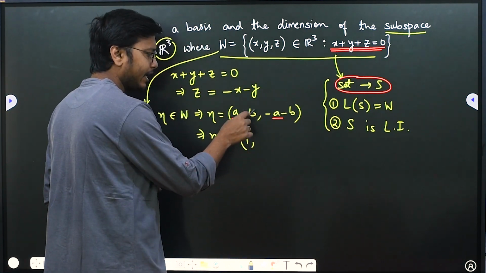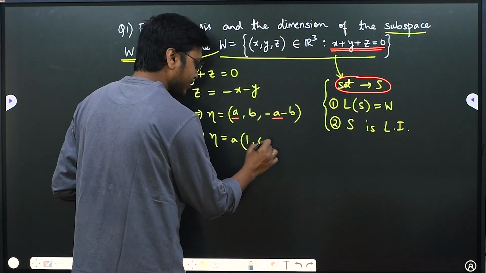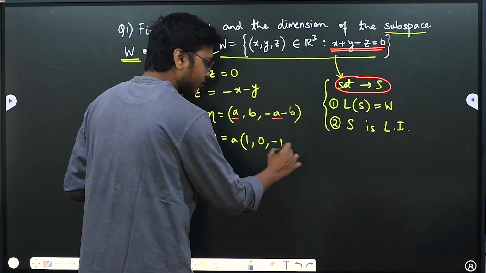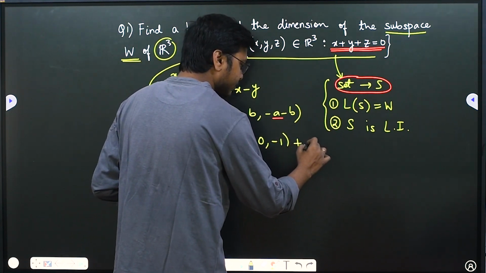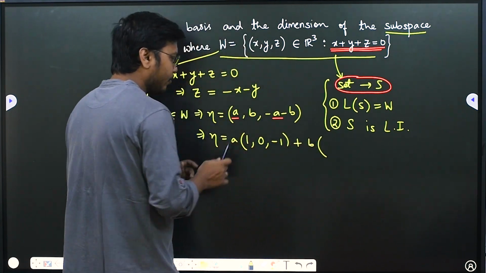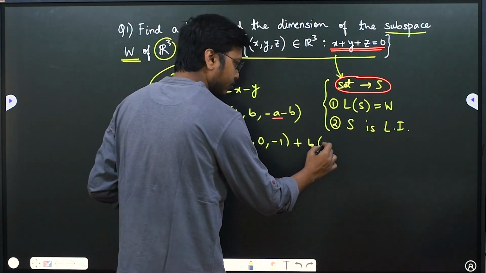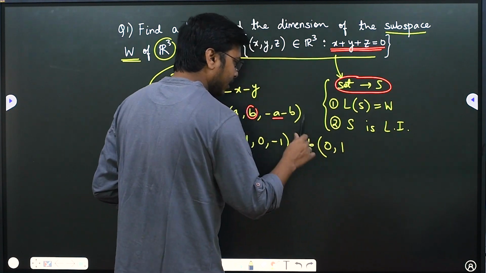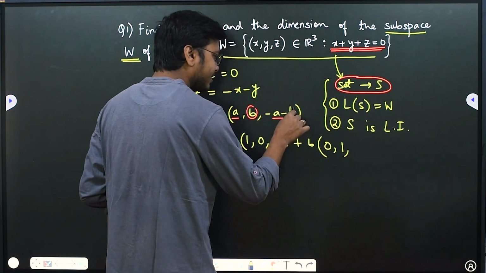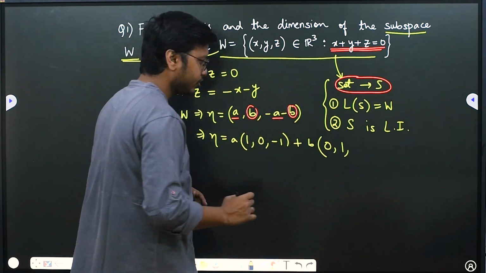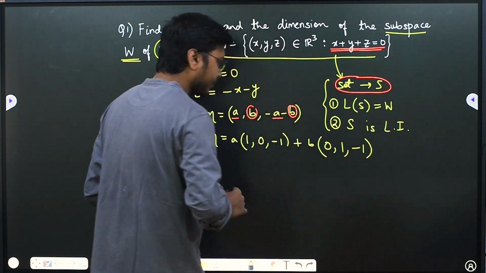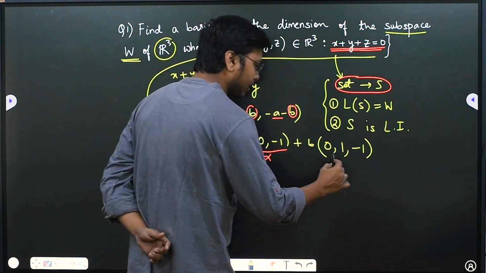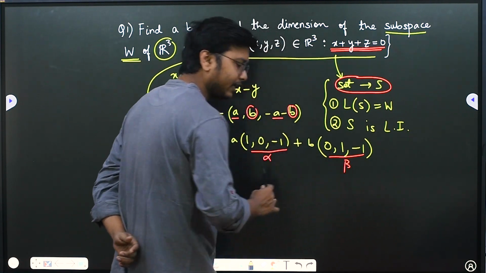Since I don't have any a in the second element, that's going to be 0. Another a in the third element with a coefficient of minus 1, so I'll have minus 1. Plus, now if I take b common, I don't have any b in the first term, so that's going to be 0. 1b in the second term, so that's going to be 1, and another b in the third term with a minus coefficient, so that would be minus 1. Let me call this element alpha and let me call this element beta.